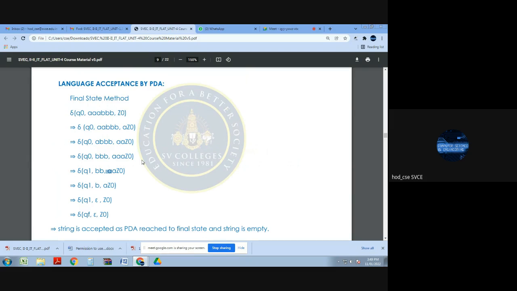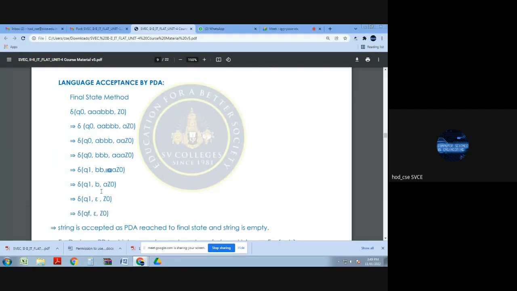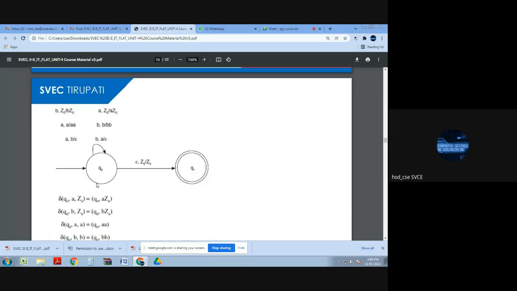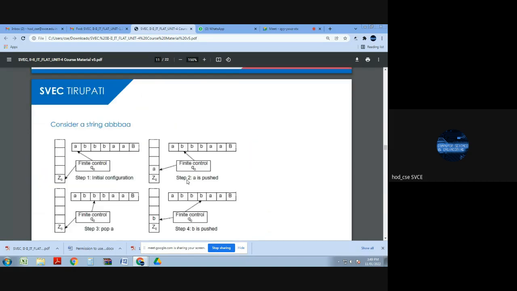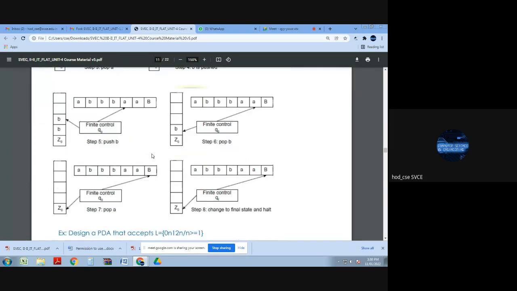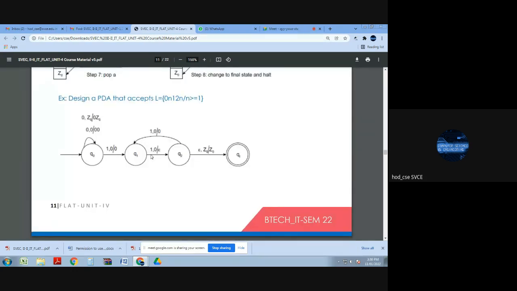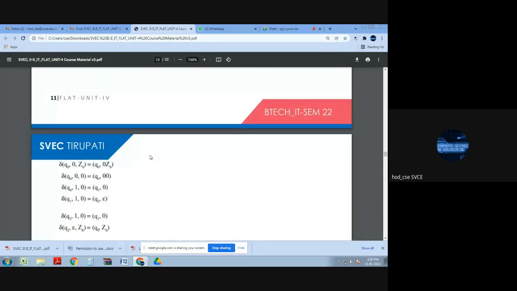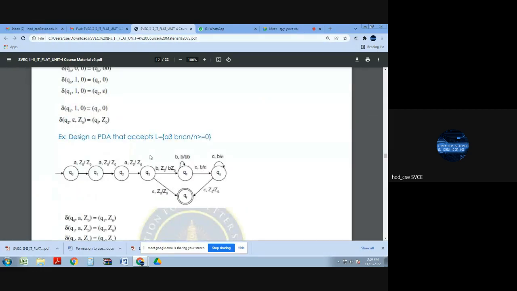Language acceptance by PDA, the same thing with a diagram and checking of the string. Also design a PDA that accepts L equal to A power 3, B power n, C power n.